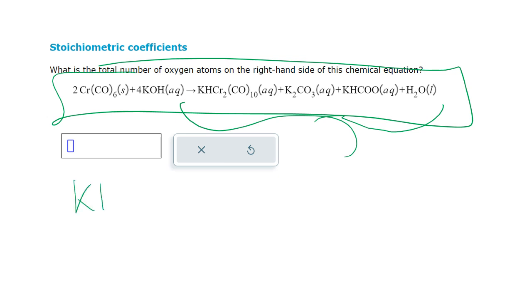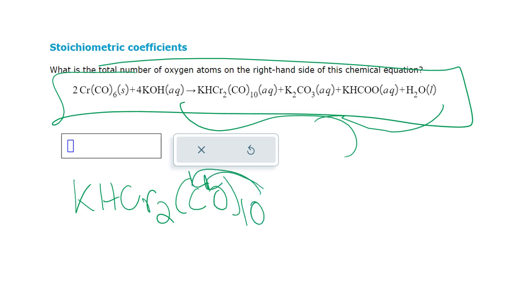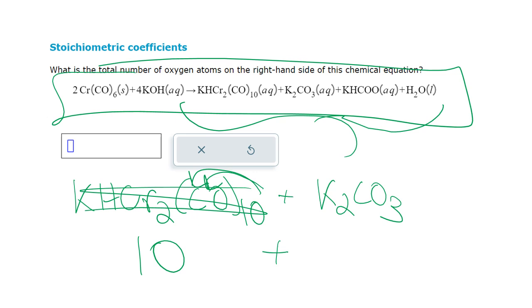We have KHCr2CO10. That 10 gets distributed in, so we count 10 oxygens there. Plus C2CO3, we got 3 oxygens there. Plus KHCOO, so there's 2 oxygens.